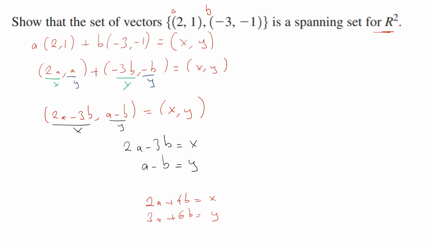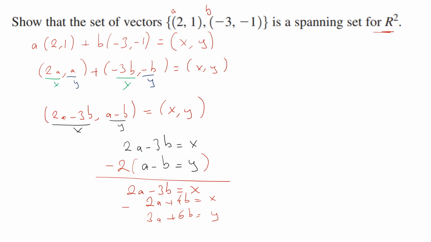Now, what I'm trying to find is the values for a and b, right? Even though you might be saying we don't know what x and y are, we need to find the scalars a and b first in terms of x and y. To do that, the easiest way is to eliminate one of them. So I'm going to multiply this by -2. When I do that, the first one just stays the same, 2a - 3b = x.